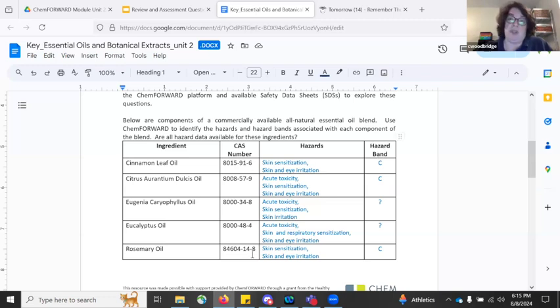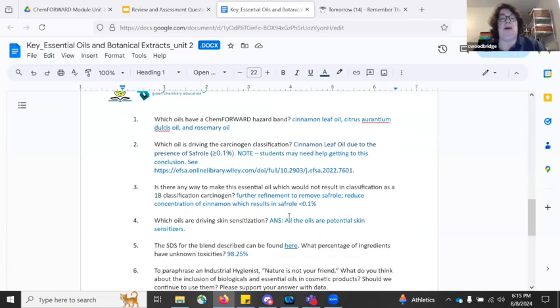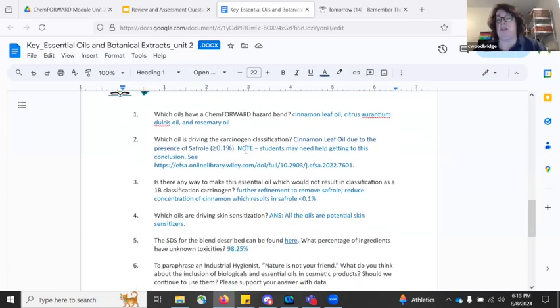There are chemicals in ChemFORWARD that might have different pieces, so making sure we get the right one. But then we start looking at which are the carcinogens. Okay. Can we make this? Can we improve this by refining it? Well, okay, maybe.